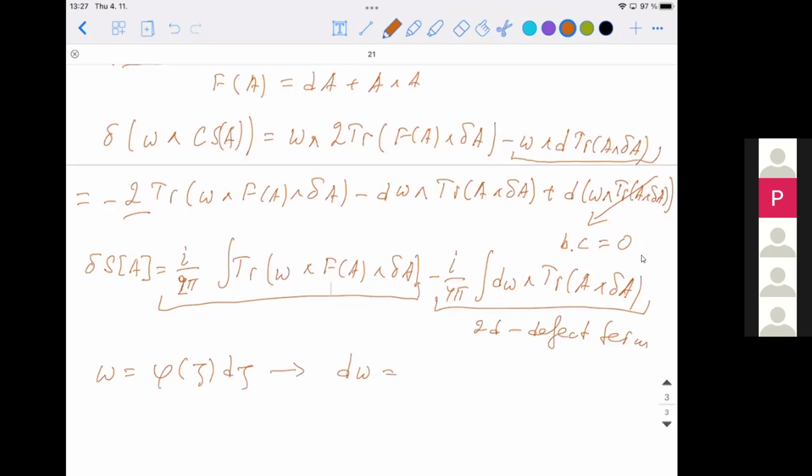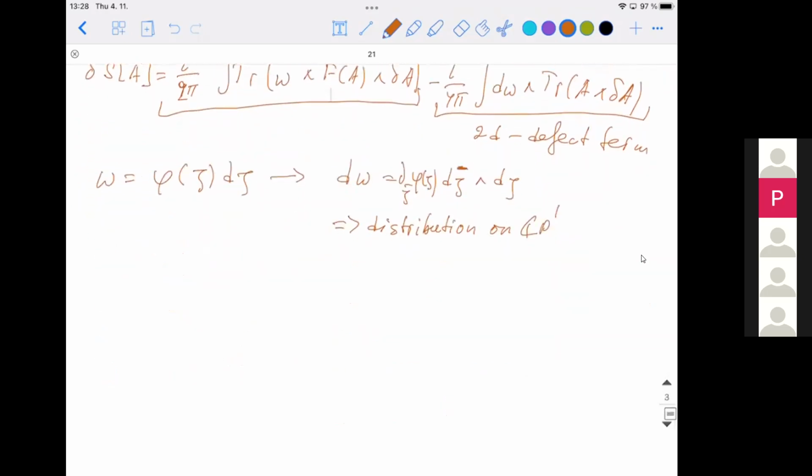But we can do only this, so that means we need to take f, we need to do something like this. So generally it's just the distribution on CP1 with some support, we will call it zeta.